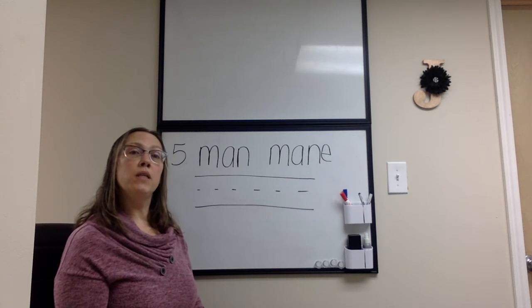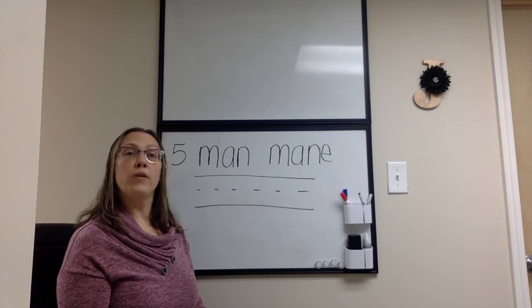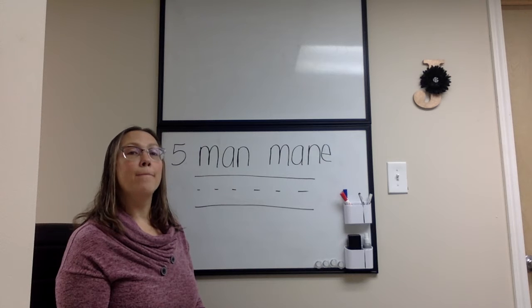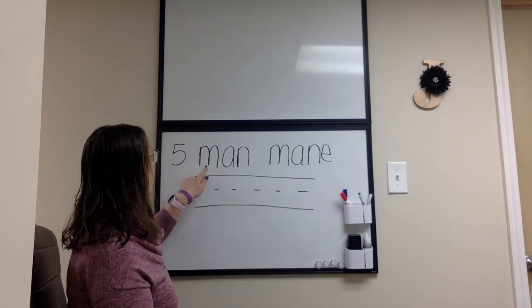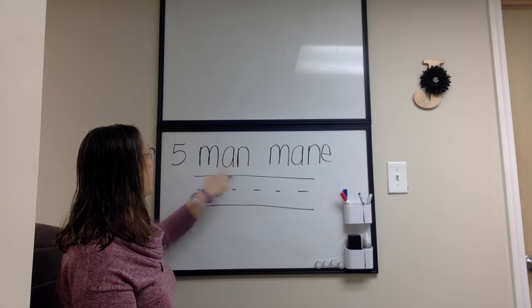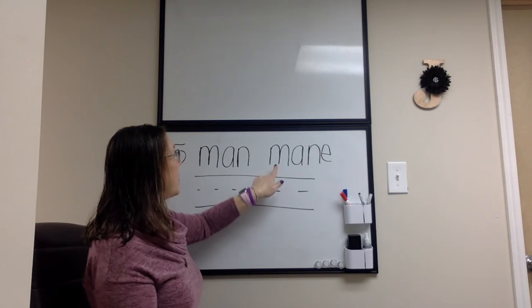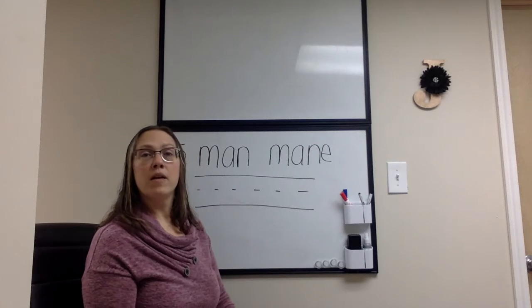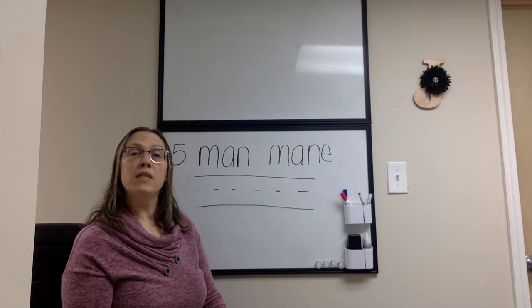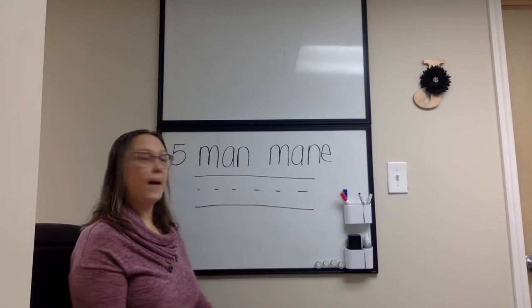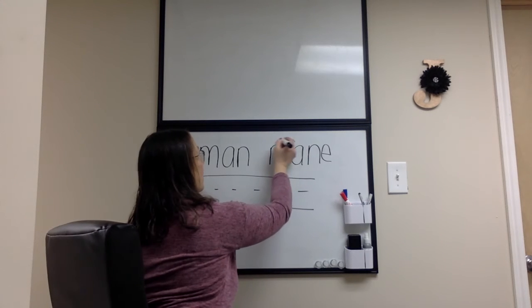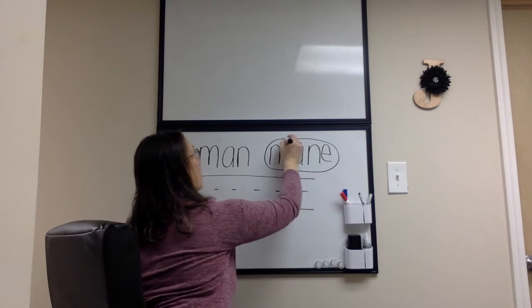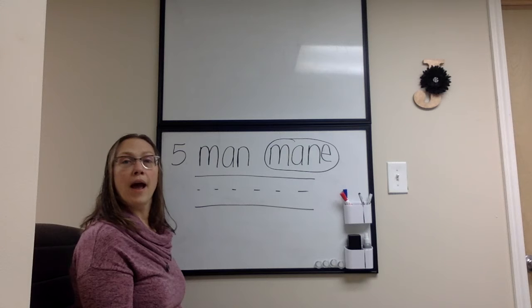These two words we can sound out, so let's figure out which word says main. Man, man, main, main. Please point to the word that says main. Now circle it. And then we're going to practice writing it on the line.